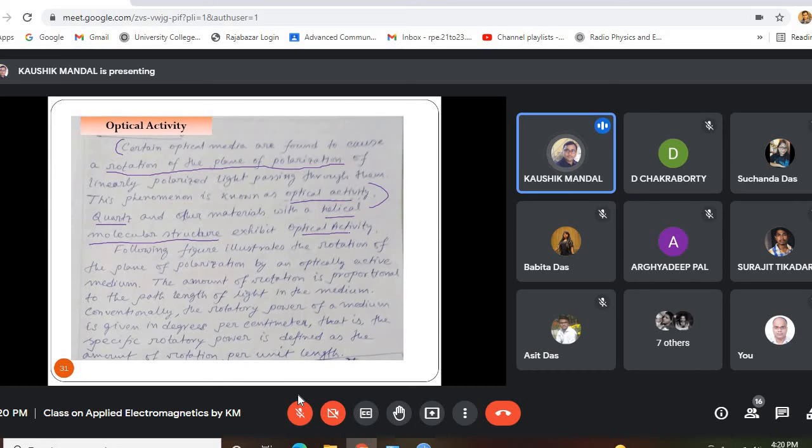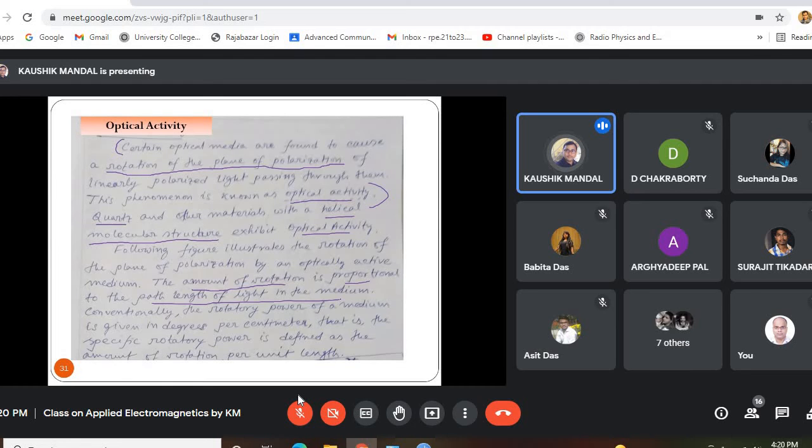The figure of the corresponding optical activity is shown in the next slide. How can we measure the amount of optical activity? Obviously with the help of the amount of rotation of the plane of polarization, and this amount of rotation will be proportional to the path length of the light in the corresponding medium. That means how far the light enters into the medium, or how far the light propagates in the corresponding medium.